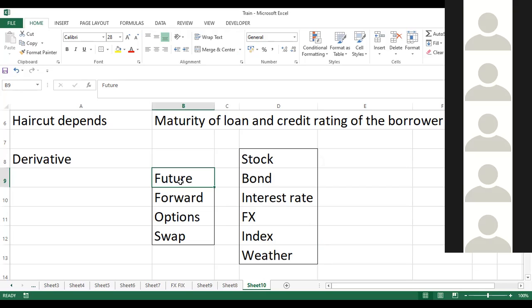You have your interest rate swap, your currency swap, your currency forward, and all these examples we would be doing in derivatives, which you need to remember from the interview point of view.